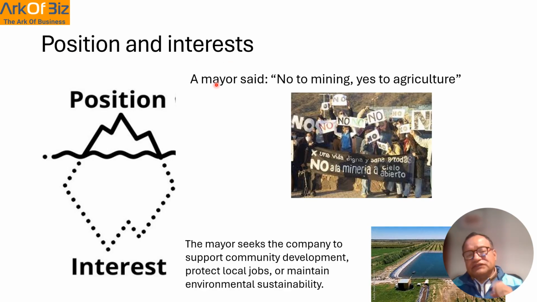So to really understand the difference between these two concepts, we can use the iceberg analogy. The position is like the tip of the iceberg, the part we can see above the water. It's what the mayor of a community or a government official expresses publicly. On the other hand, interests are like the submerged part of the iceberg, the part hidden under the surface.